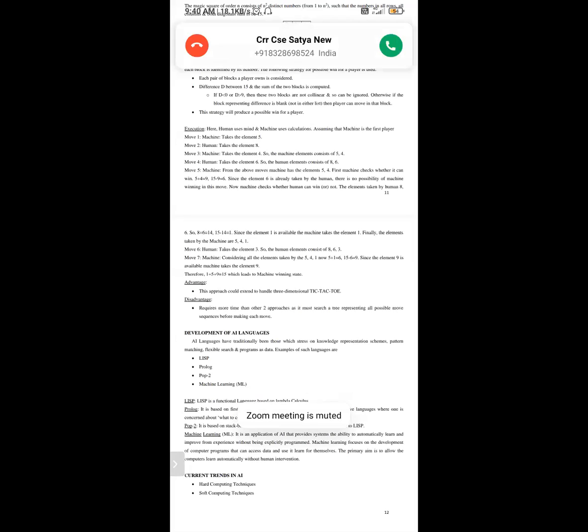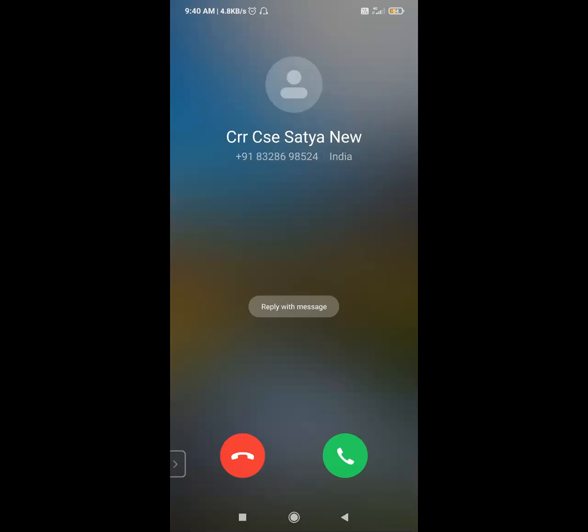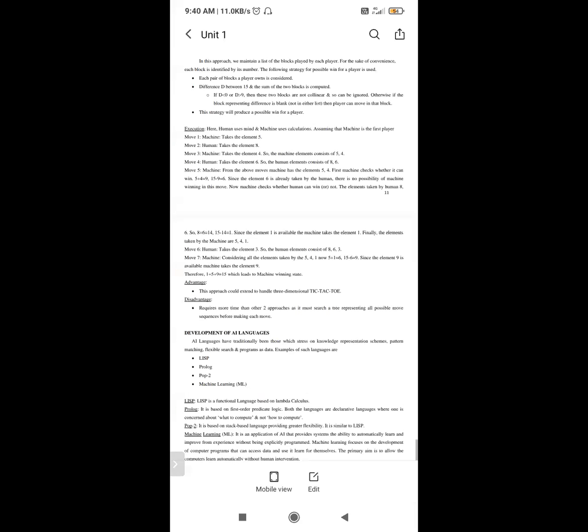Then I need to think using the opponent's mindset. Whatever move I make, that move should be made by me so that the opponent could not win. So in that way, I need to make a move.